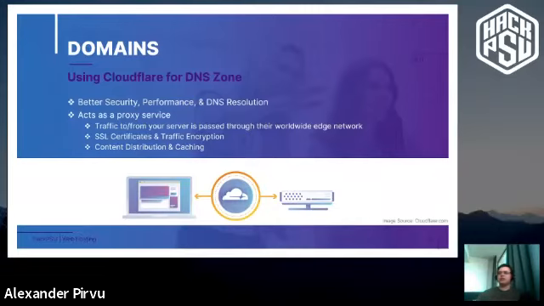It is also good because it passes traffic and it encrypts it at the same time, and you can use this for your SSL certificates. And yeah, we talked about content distribution a little bit and caching through that example. In terms of security, it prevents DDoS attacks, and you've probably seen it. We'll do a quick demo of how that actually works in just a moment.